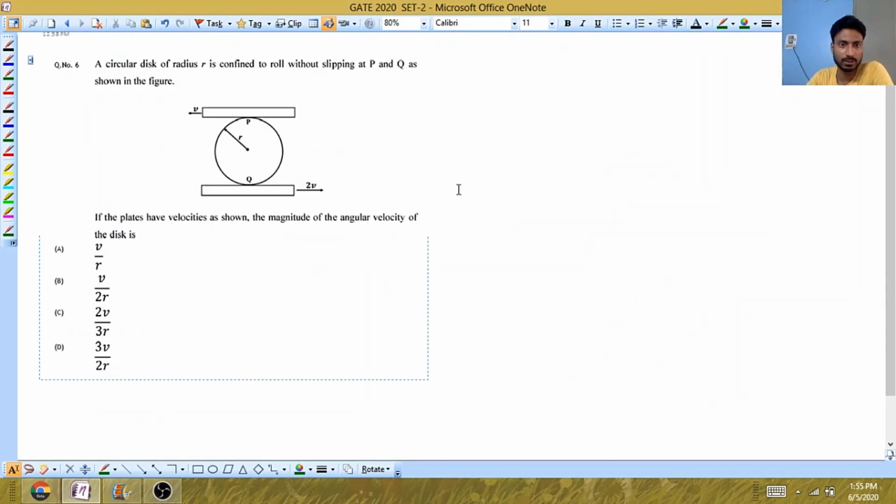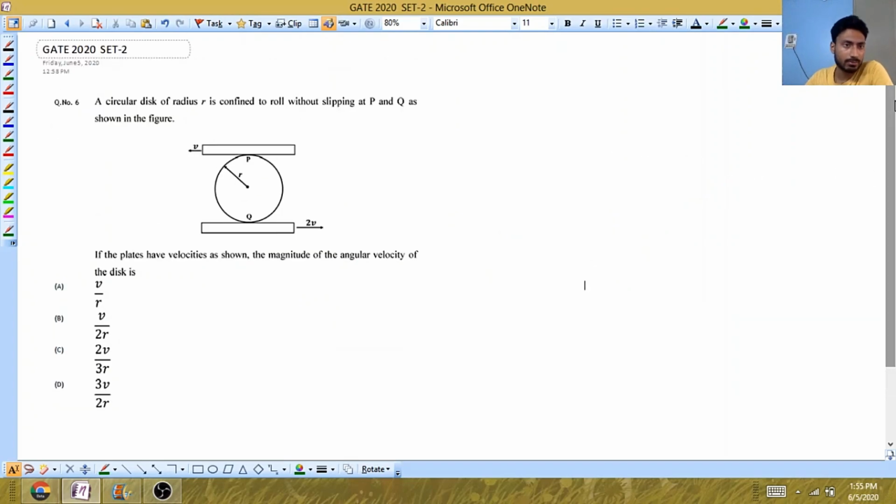So let us move to the last question. It came in set 2. Question number is 6. So basically they have given a disc having a radius of r.